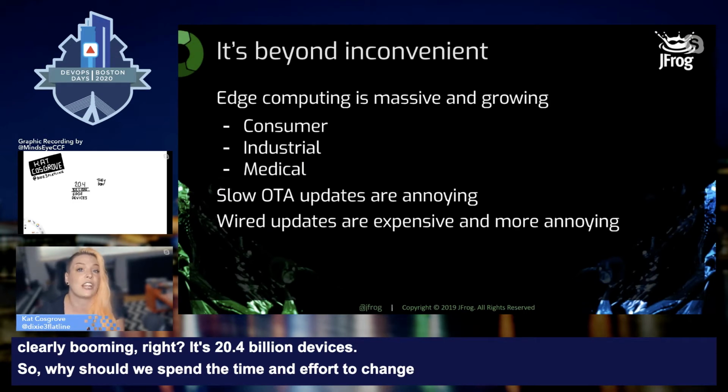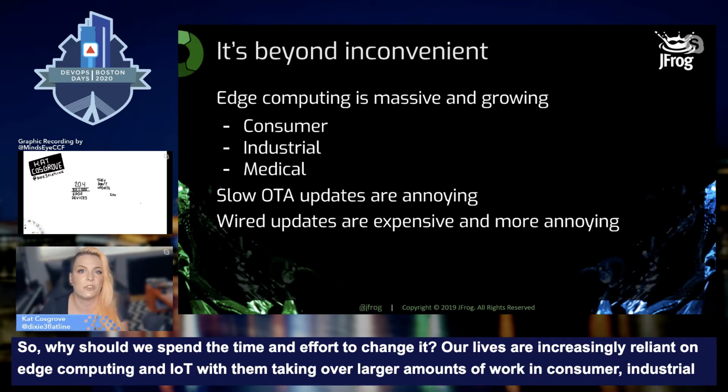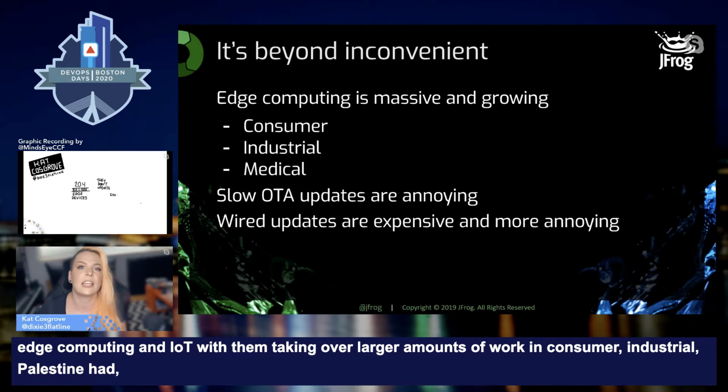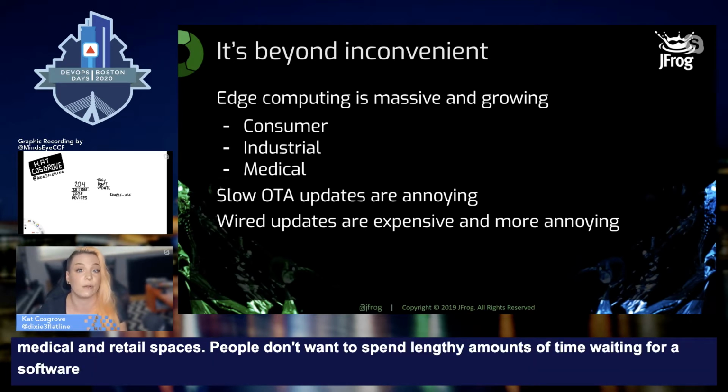Our lives are increasingly reliant on edge computing and IoT, with devices taking over larger and larger amounts of work in consumer, industrial, retail, and medical spaces. People don't want to spend lengthy amounts of time waiting for a software update to complete, and they definitely don't want to have to plug a device into a computer to do it. Users don't understand that.